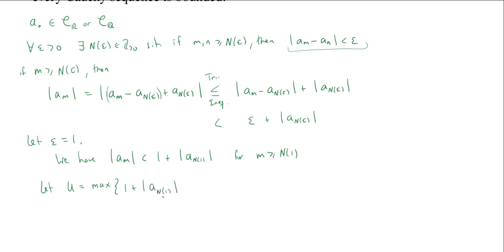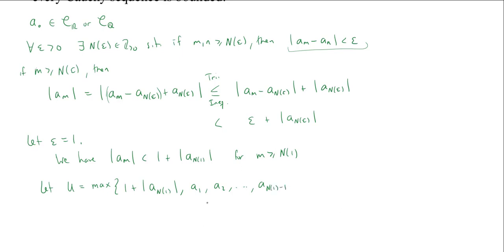So we know that in a tail, everything in the sequence is going to be less than this number. What about the head? Well, there's not that much of a head. You get a_1, a_2, and so forth, up through a_(n(1)-1). So now you have a bunch of elements.